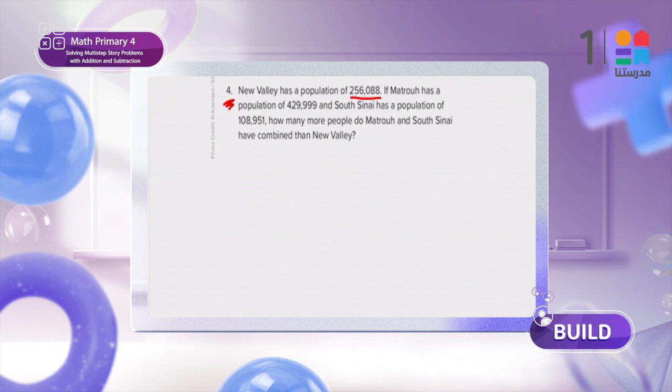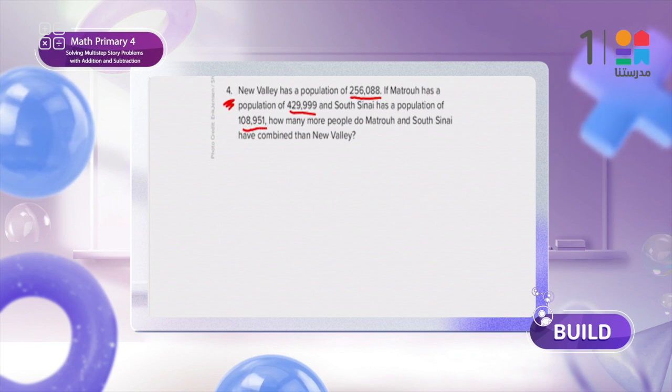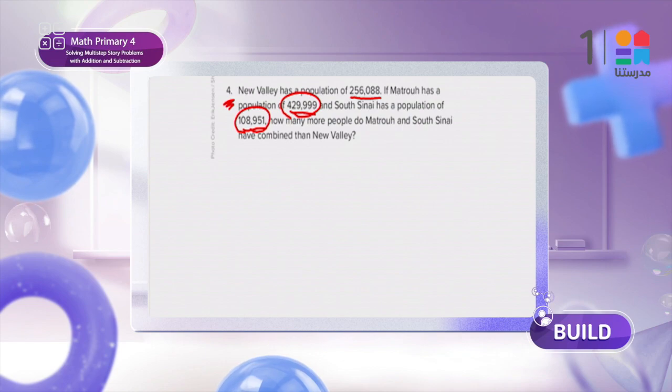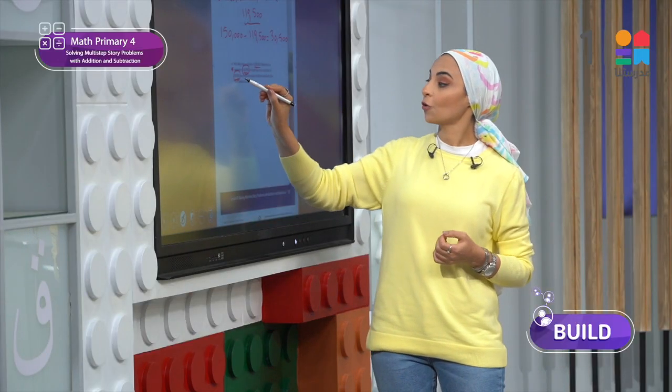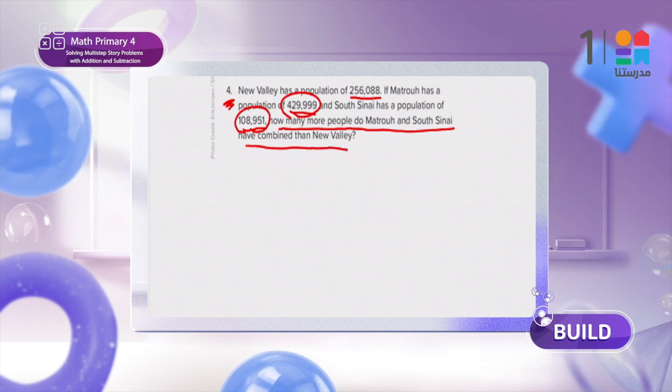If Matruh has a population of 429,999 and South Sina has a population of 108,951. So this is the population of Matruh and this is the population of South Sina. What is the question? How many more people do Matruh and South Sina have combined than New Valley?